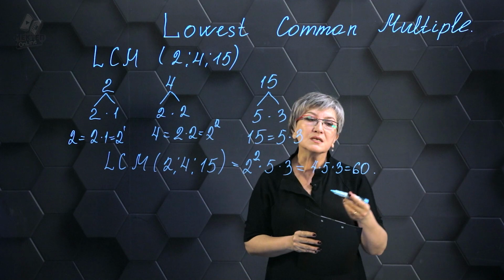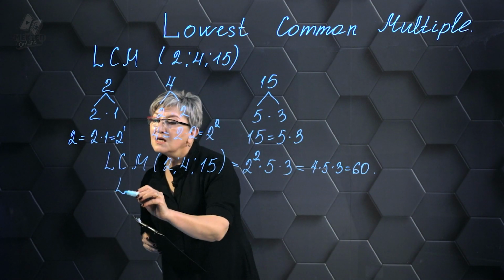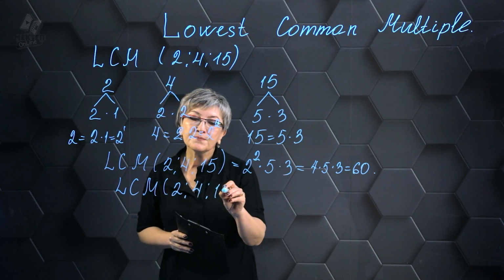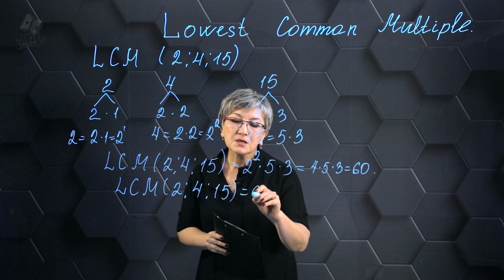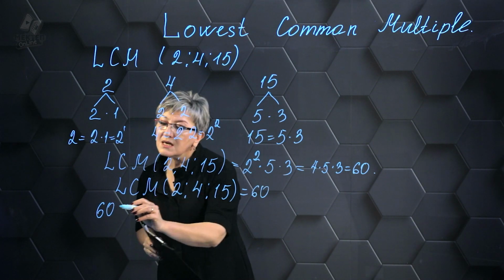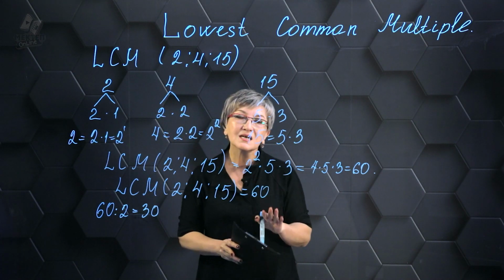Of course, we need to check if we're right about this least common multiple. Let's write it down. 2, 4, 15, and the least common multiple of these numbers is 60. Just checking, 60. Does 60 divide by 2? Yes, of course it does. It will be 30 flat, and that is good.